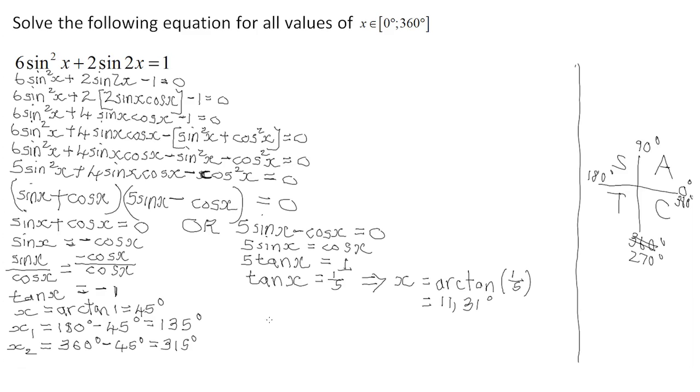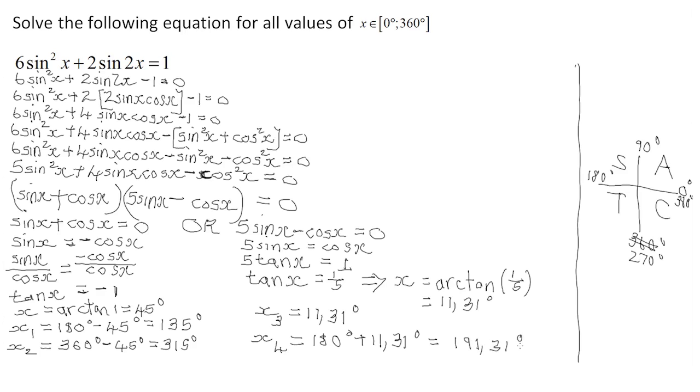So I can then say x number 3 is equal to 11.31 degrees. What will x number 4 be? It will be equal to, if I look at my third quadrant, 180 degrees plus 11.31, and that is equal to 191.31 degrees.